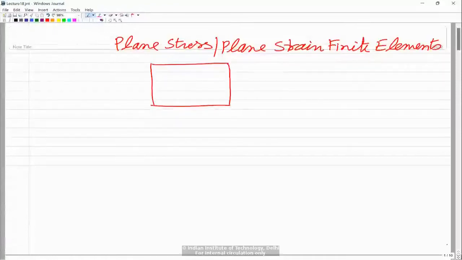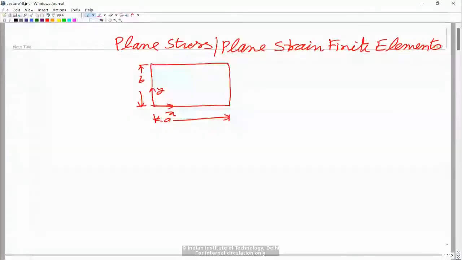So let us say we have this rectangular domain, x and y are the coordinates and the dimensions are, let us say, this is dimension b and this is dimension a, and the whole structure is in the xy plane. Its thickness is along the z direction, which is along the normal to the screen.